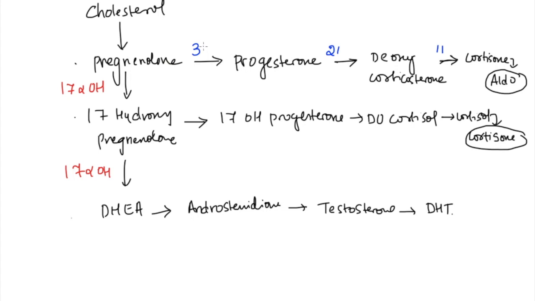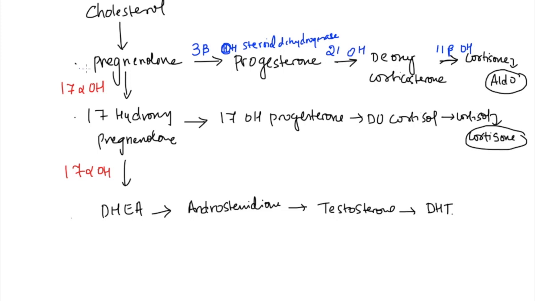So this is 3-beta hydroxysteroid dehydrogenase. It seems a little complicated, but let's make this simple in a while. Then 21 hydroxylase, 11 beta hydroxylase. Fine.